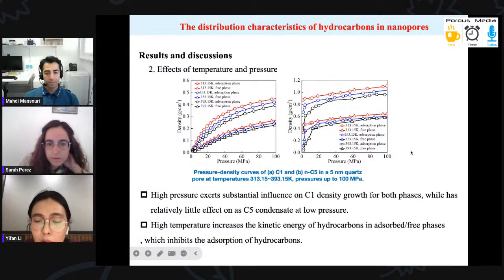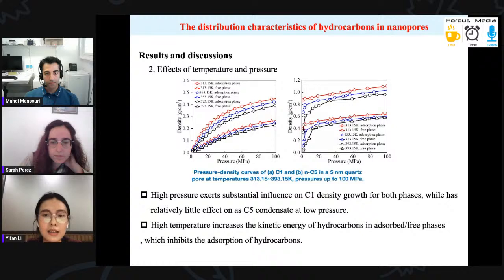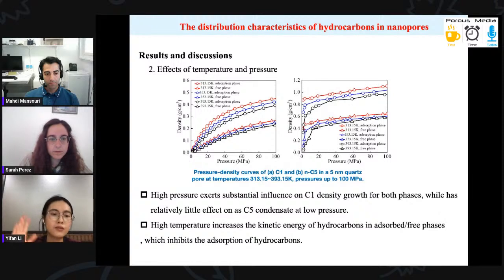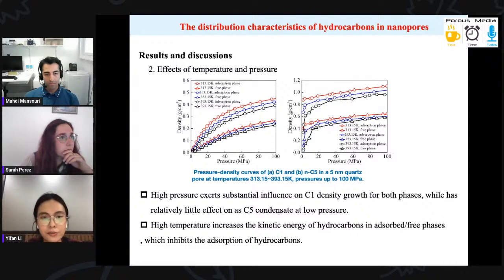So in our observed pressure range, it has already condensed into a liquid phase with relatively low compressibility, so it does not change a lot with pressure. As for temperature, high temperatures increase the kinetic energy of hydrocarbons within the nanopore. That means if we increase the temperature, the adsorption phase can get rid of the attraction force exerted by the pore wall, and gradually convert to the free phase.